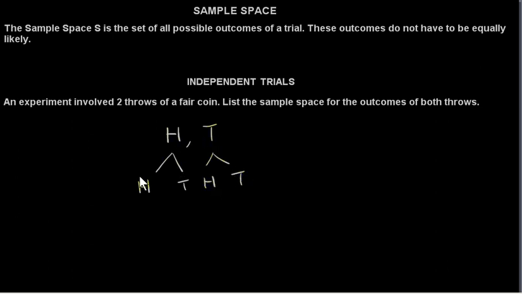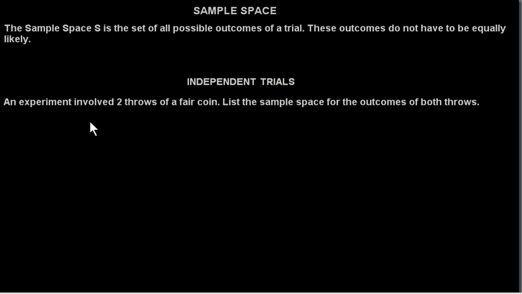So by the fundamental principle of counting, we have 2 times 2 equals 4 ways that a coin can appear in two throws. We could be talking about two fair coins both being tossed together, but I just want to refer to two different trials of an experiment here, so I'm just going to think about one coin being tossed twice.